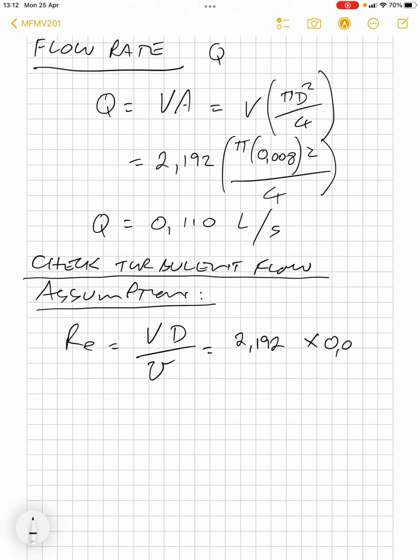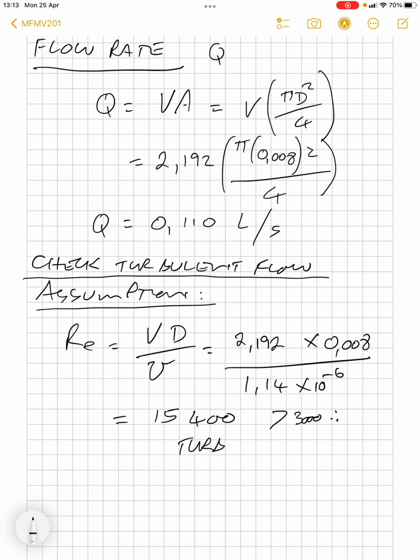The diameter of the pipe is 0.008. And we did look up the kinematic viscosity of the water at the start. That was 1.14 times 10 to the minus 6. So that gives us a value of 15,400. And that is greater than 3,000, therefore turbulent flow. And that's the end of this problem.